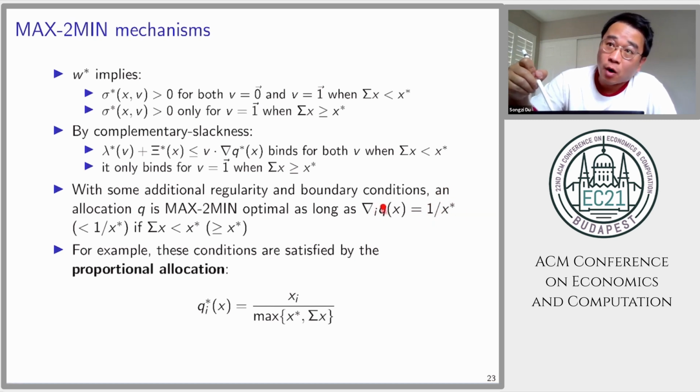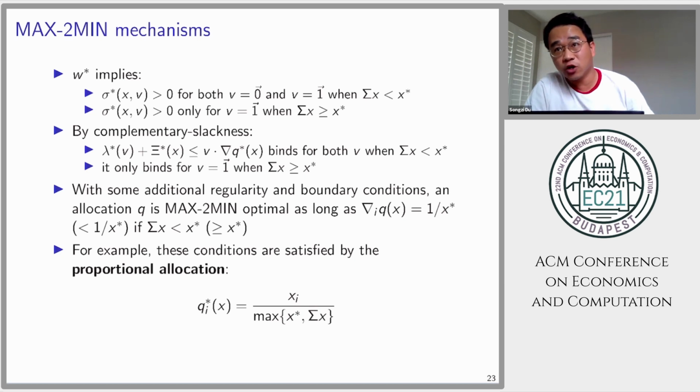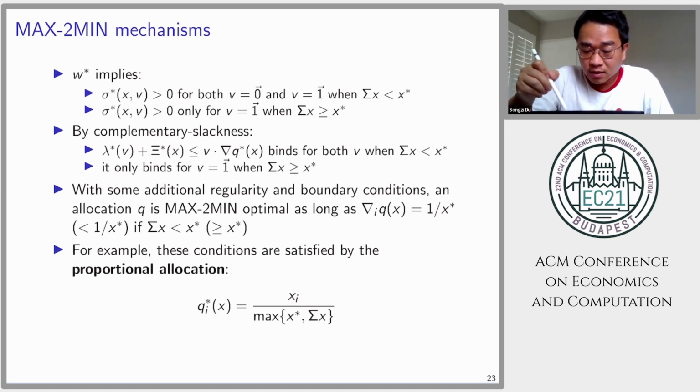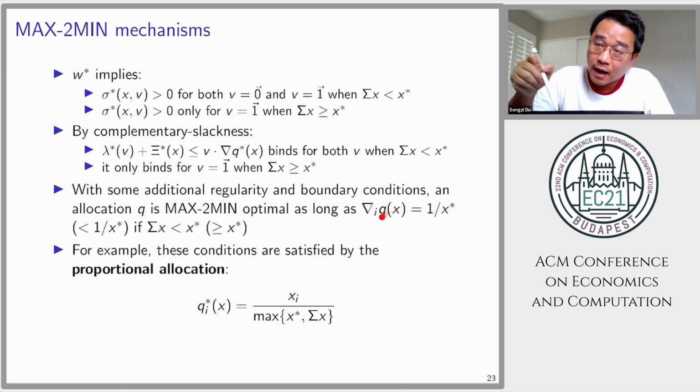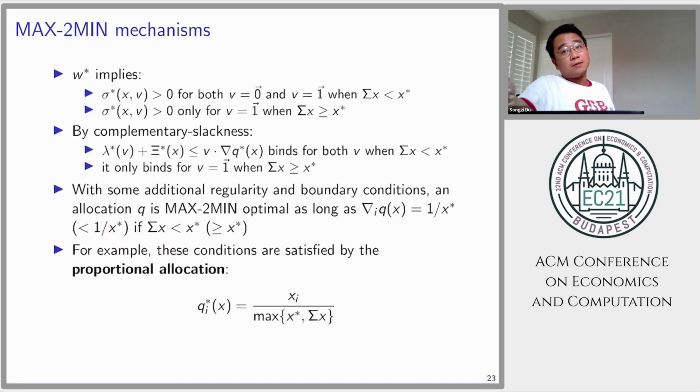In fact, the partial derivative for the transfer is exactly 1 over x star, where x star, remember, is a cutoff on the aggregate bid, or the aggregate signal as well. And then in the high region, we must have an upper bound on the derivative of the allocation. Okay, so it has to be less than 1 over x star. Okay, so those are necessary, and in fact, they are also sufficient for max to min.